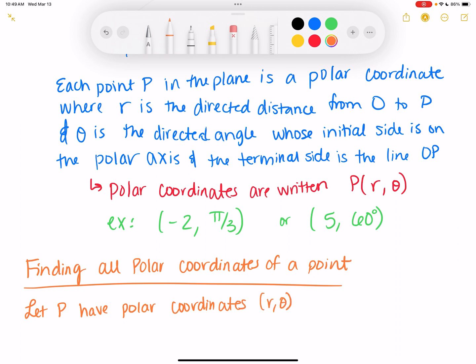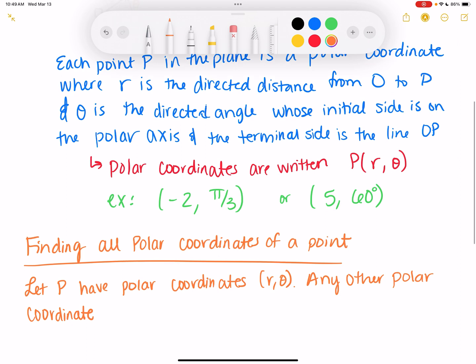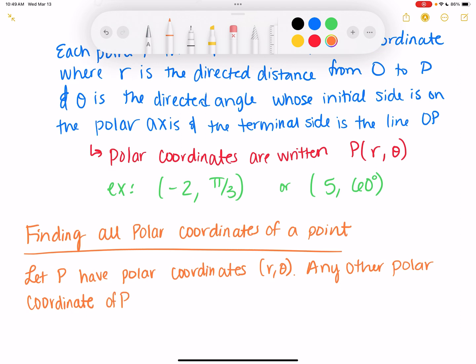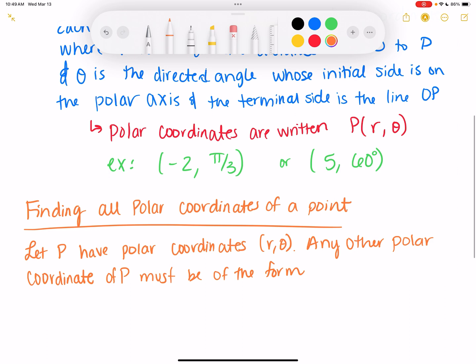Any other polar coordinate of P must be of the form (r, theta plus 2n pi), or (negative r, theta plus (2n plus 1) pi), where n is any integer.